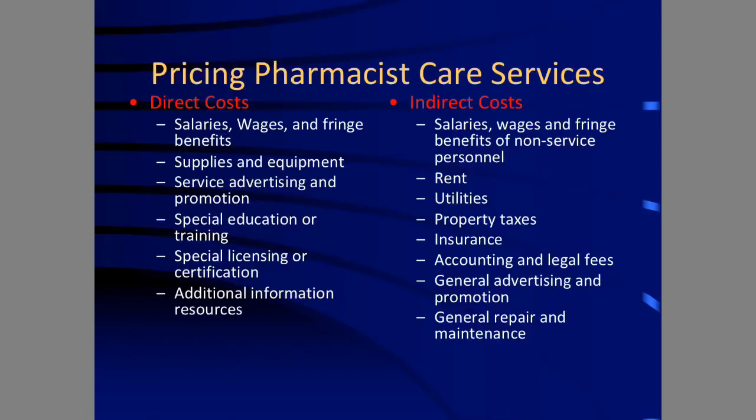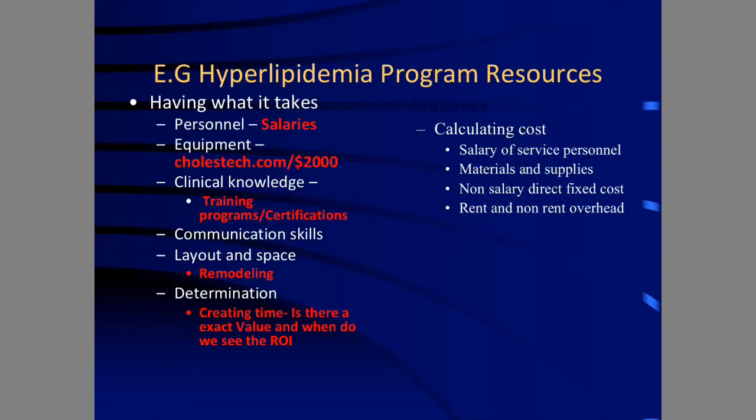But then also those indirect costs, because even though this is just one entity of our business, we're still using the computer, we're still using the same space where we're selling product, and we're also covered by the same insurance and legal fees. Those are our indirect costs.